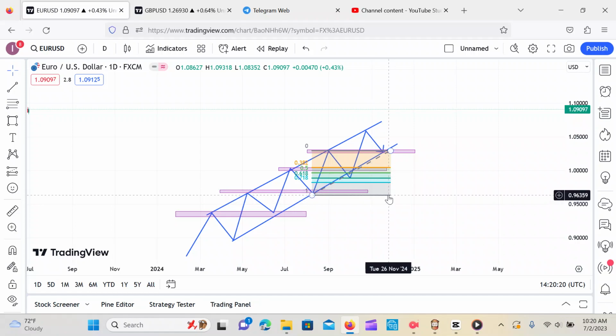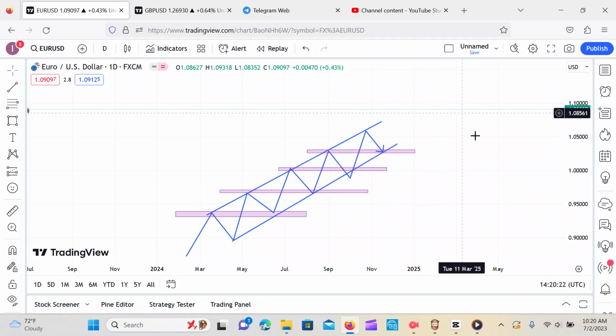That is what you'll be waiting for. Once you have price within that area range, then you can be looking for your buying opportunity.